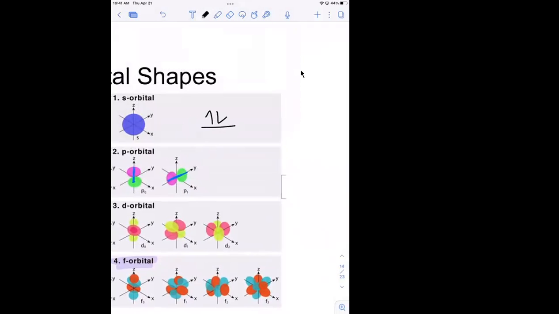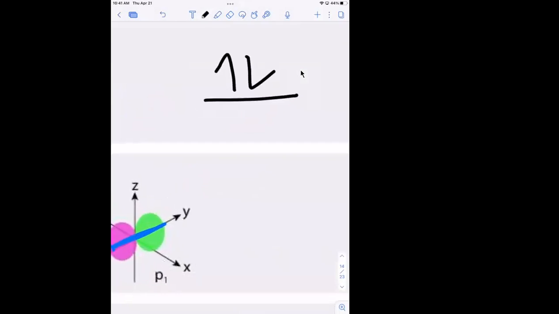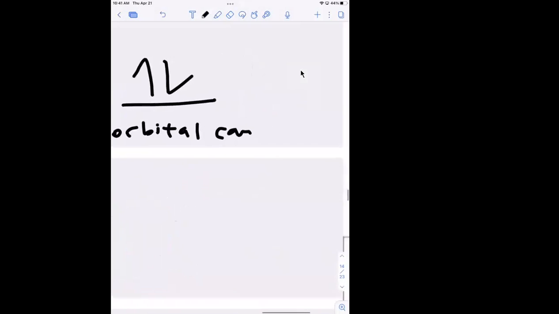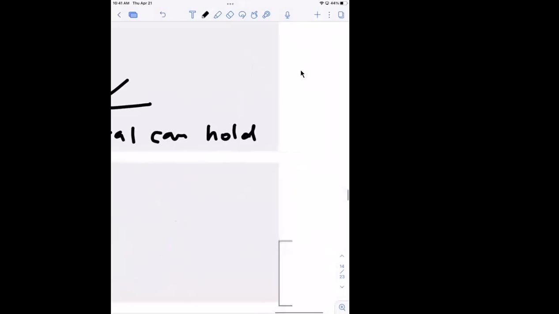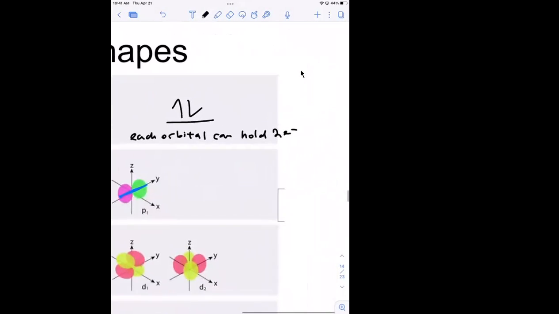Right. Now I want you to notice a couple of things. Number one, each orbital can hold 2 electrons. That's any orbital, right? What I want you to notice for the electrons is a couple of things.